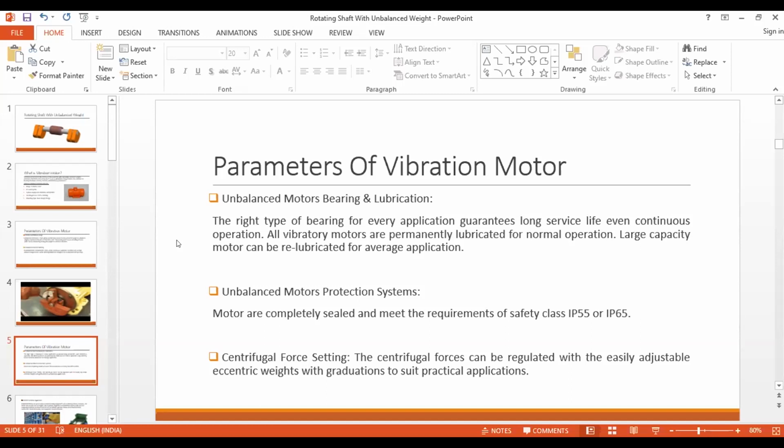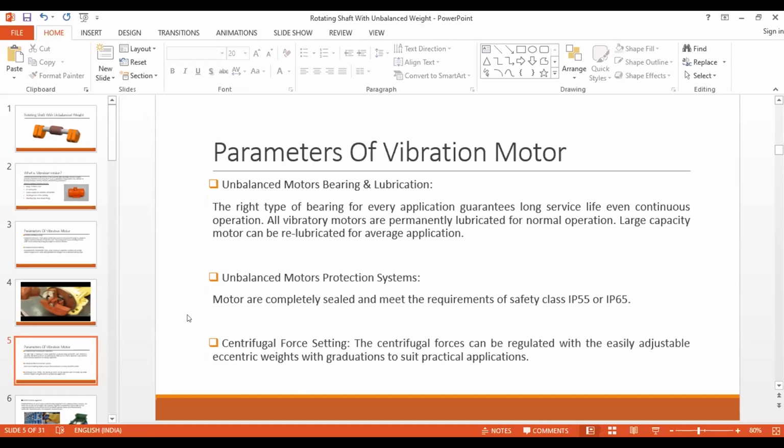The reason behind this is that IP55 can prevent dust coagulation in the vibration motor, so it is better to use IP55 in the pharmaceutical and food industries. Among these, IP65 is more costly.